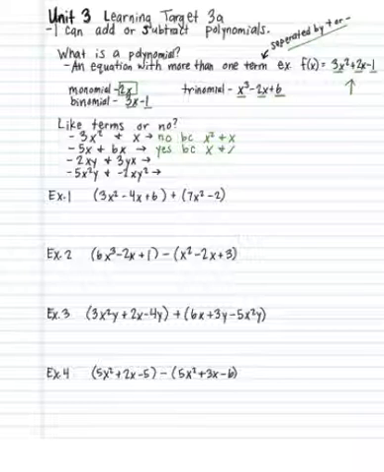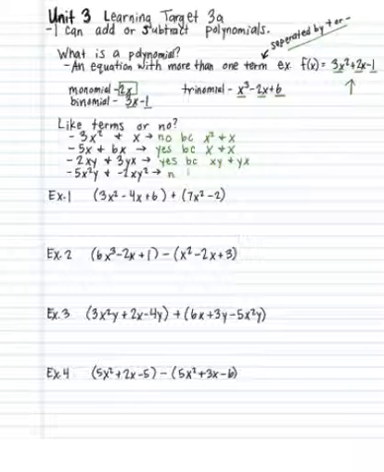The next one, 2xy and 3yx. These would be like terms because your variables are xy and yx. Those are the same variables, have the same exponents. And then the last one on here, we've got 5x squared y and -2xy squared.